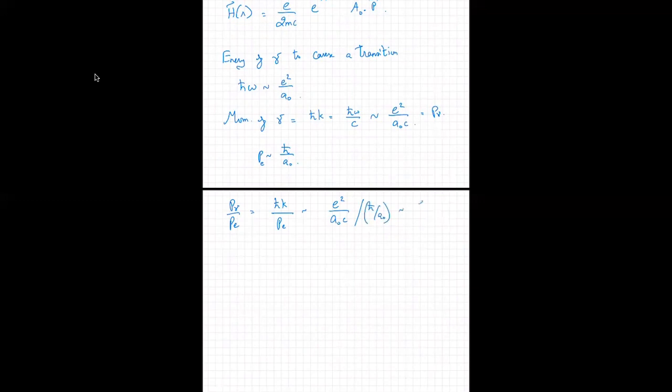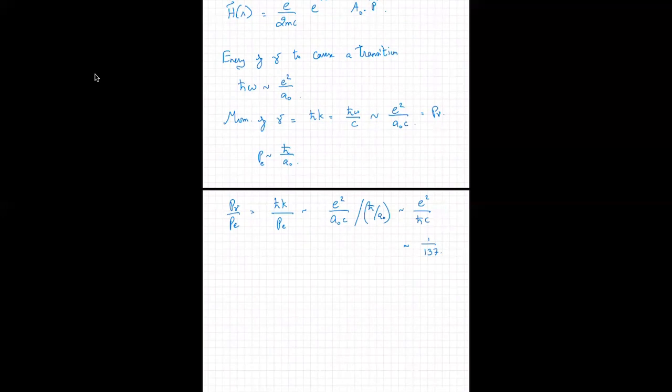So this is roughly equal to e squared over h bar c, where the a0 part cancels. Okay. So if you plug everything in, this will be approximately equal to 1 over 137. Okay, the fine structure constant. So we understand that the momentum of a photon that is causing a transition between energy levels is quite low compared to the momentum of the electron.